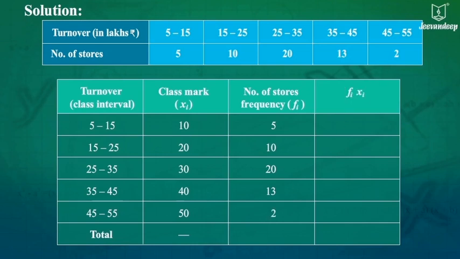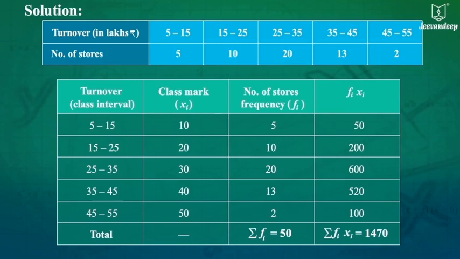In column 4, the product fi xi is written. Sigma fi and sigma fi xi are calculated.